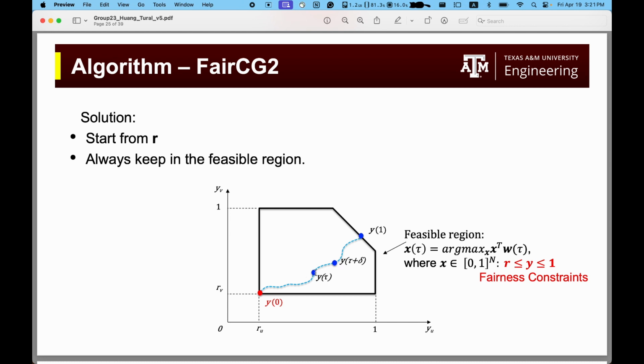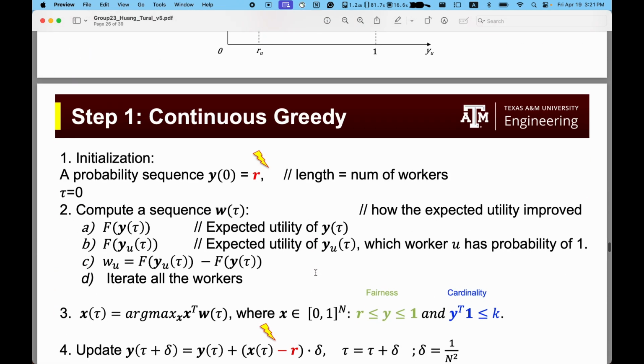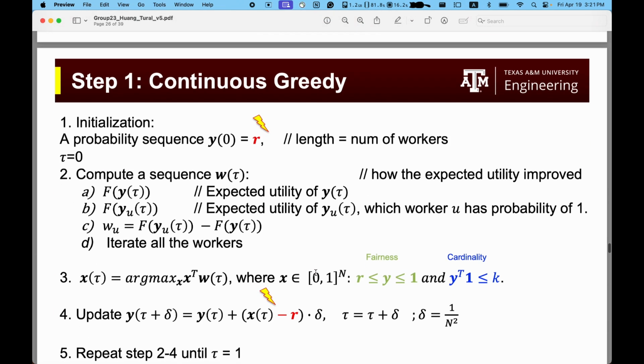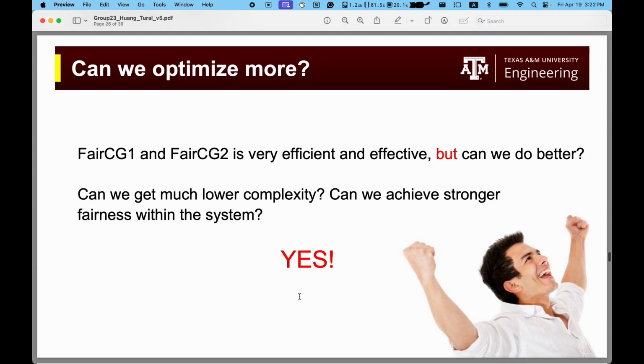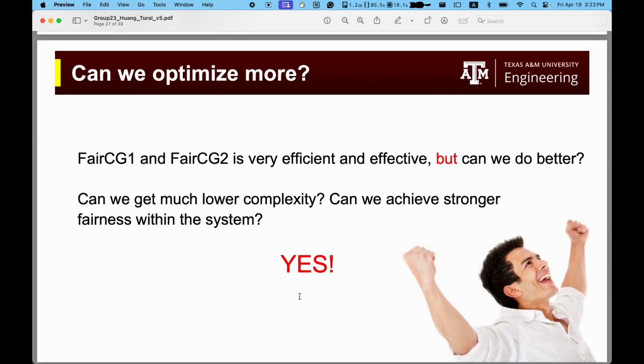Basically, the second algorithm is almost the same as the first, with only two differences. The first is the initialization, where the probability sequence is set equal to R, and we also modify the update rule. Now, can we optimize more? Now I will pass to Taro.